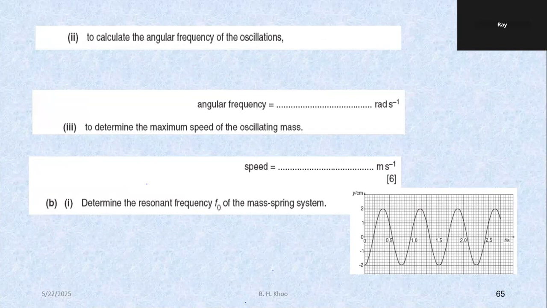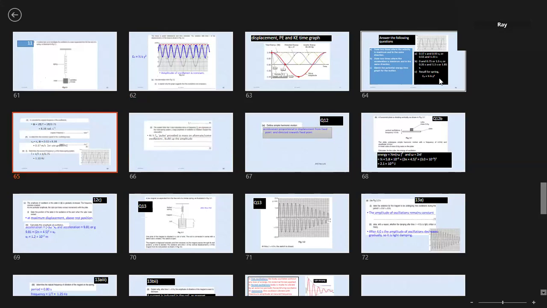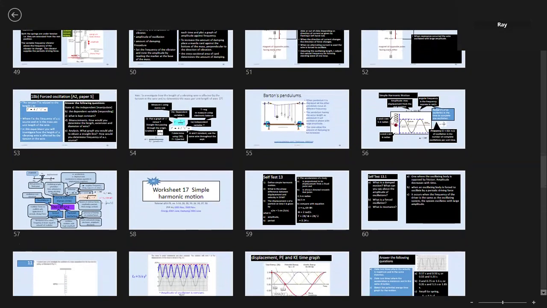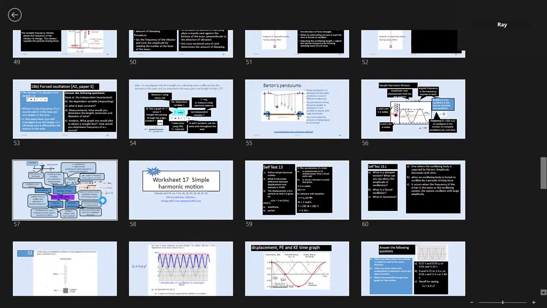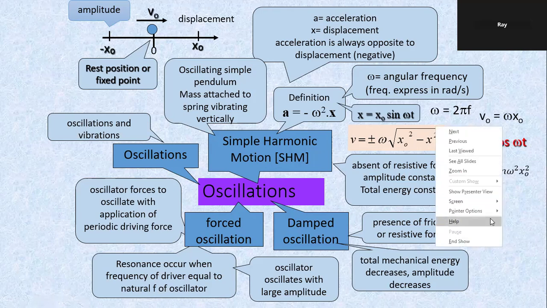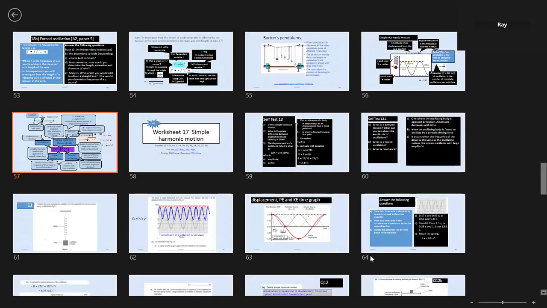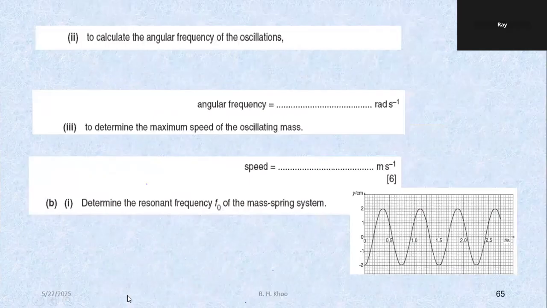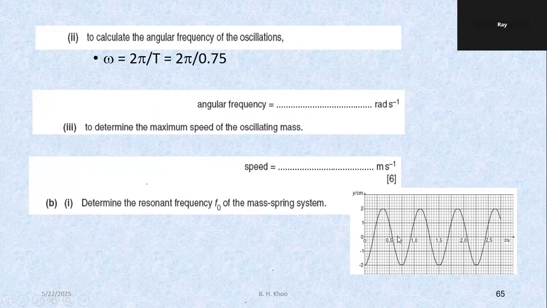What's the formula? Omega is 2 pi F, or 2 pi over T. Right? 2 pi over T. T is 0.5 second. From here to here is the period.